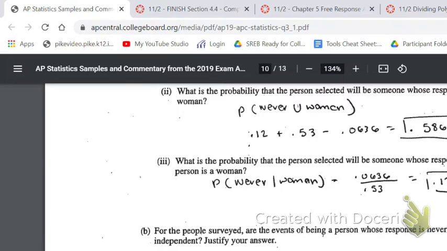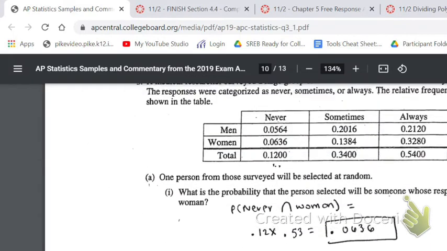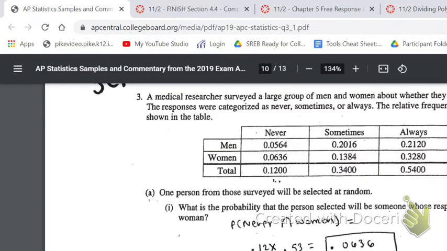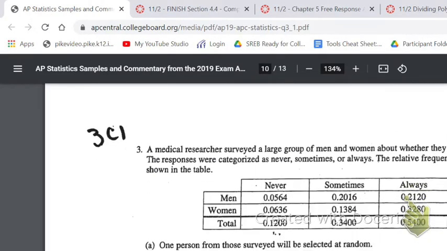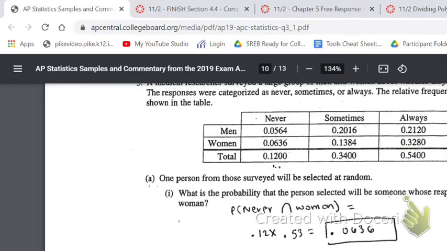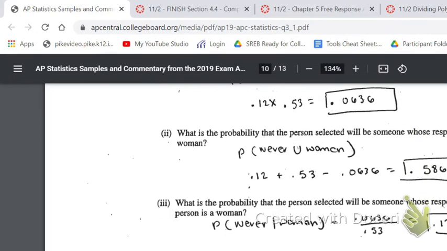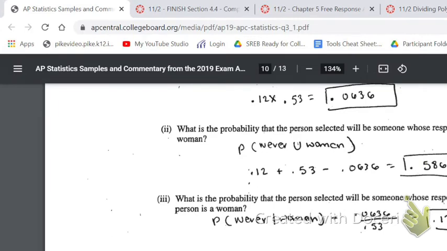Going back to look at the table, what's just the probability that somebody answered never? 0.12 out of 1, so just 0.12. In part C, they asked you to calculate the probability of never with this information that you know they're a woman, and it came out to also be 0.12.